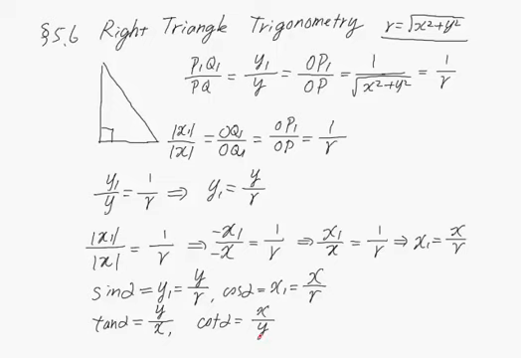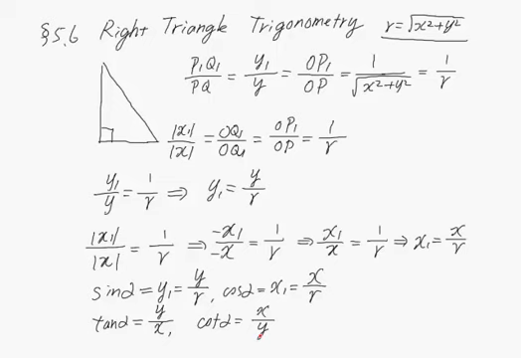So that means if you know any point on the terminal side of the angle which is not the origin, then you can always use the coordinates of this point to define the trigonometric function values of this angle alpha. And this is summarized in the theorem.